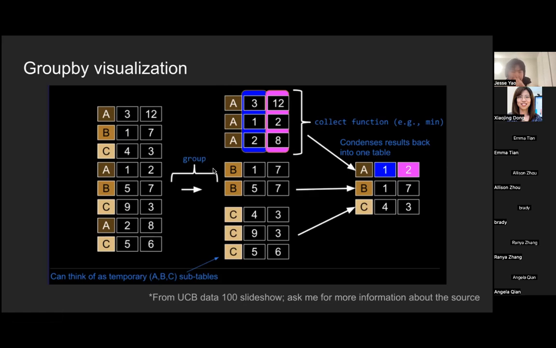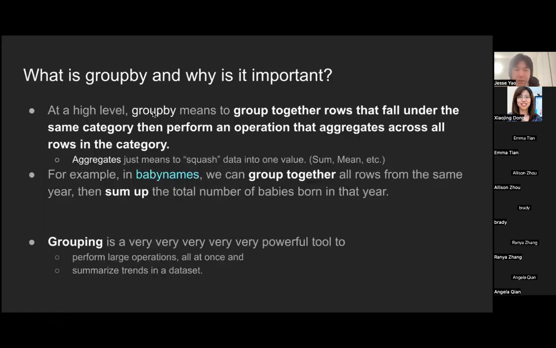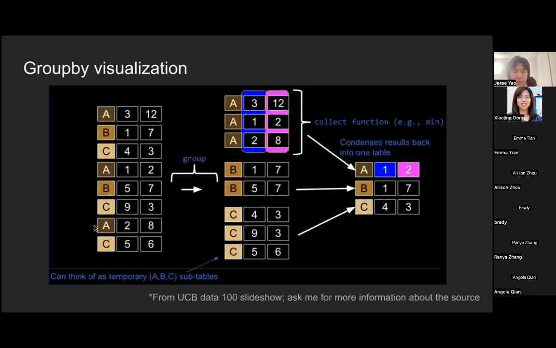Now, this is the group by part. You can think of it as 2 steps: I group by, then I aggregate, right? So for the group by part, I group by this ABC column. If you see this output here, I have all the rows with A in it, all the rows with B in it, and then all the rows with C in it, right?